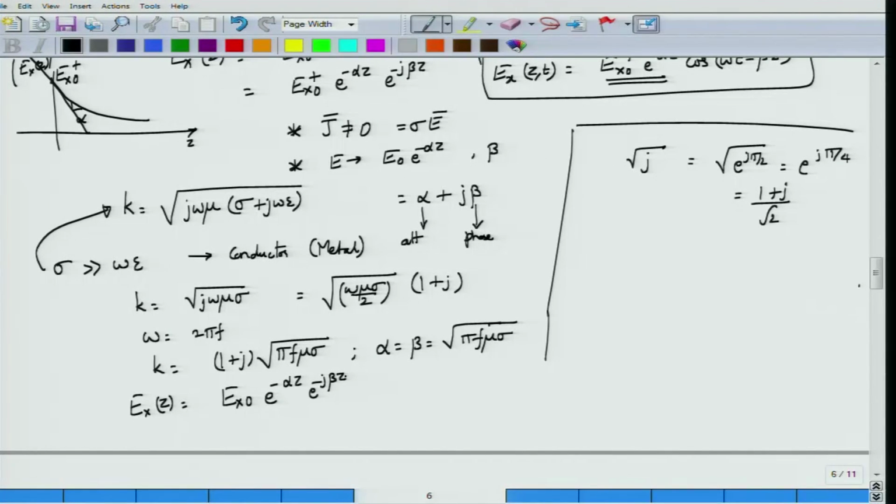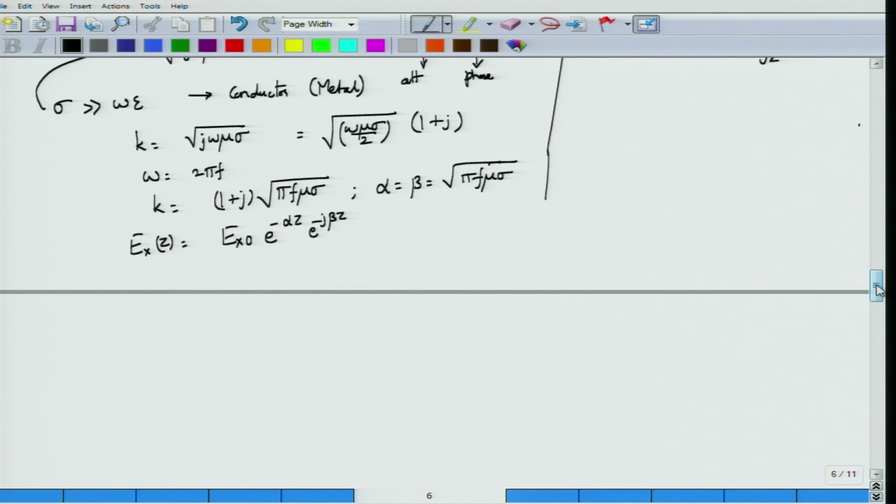Both of these are equal to square root of pi f mu sigma, but rather than talking in terms of alpha, for a good conductor you will introduce a different quantity called skin depth. Skin depth is given by 1 by alpha, and since alpha is square root of pi f mu sigma, the skin depth delta is given by 1 by square root of pi f mu sigma.